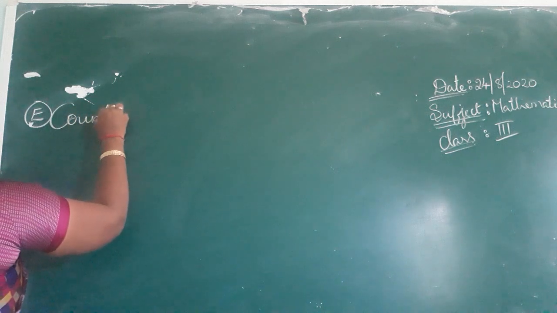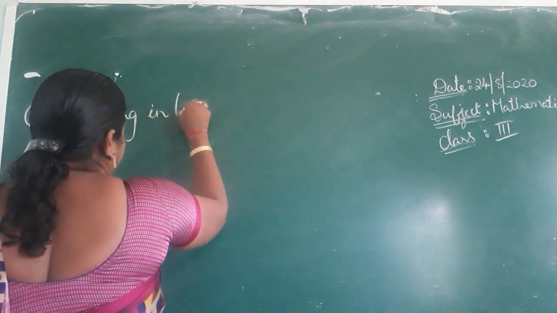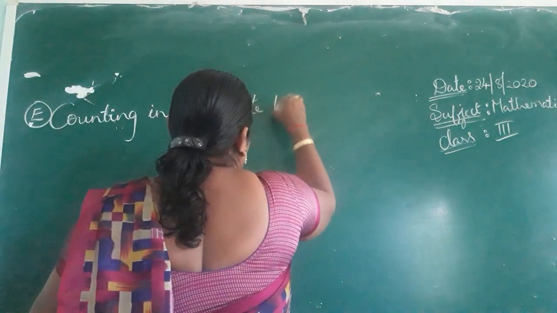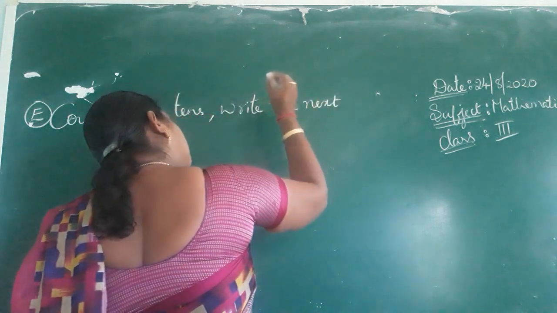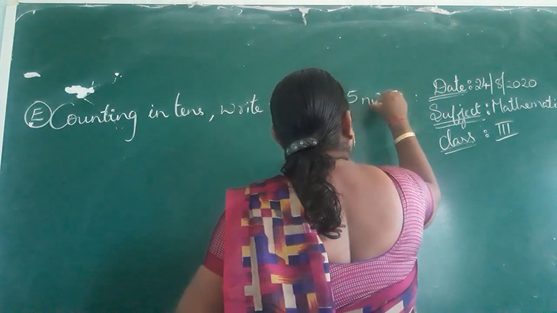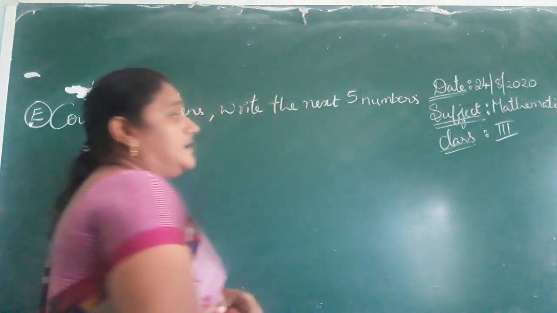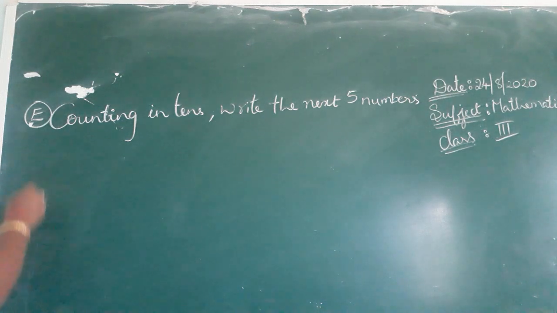Counting in tens, write the next 5 numbers. How will you write the next 5 numbers? See this first one.